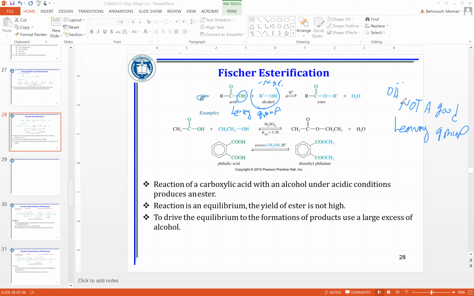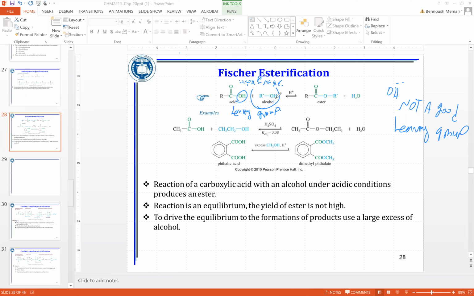So OH is not a good leaving group. And since the OH is not a good leaving group, and alcohol is a weak nucleophile, how can we do the substitution reaction?